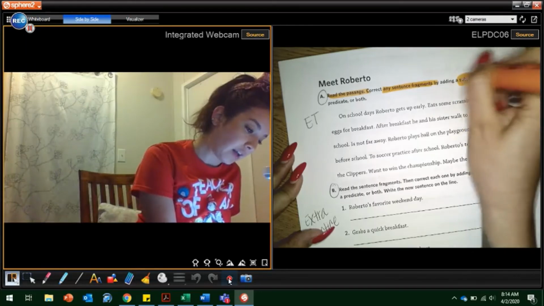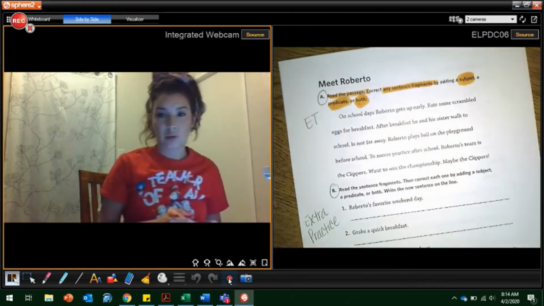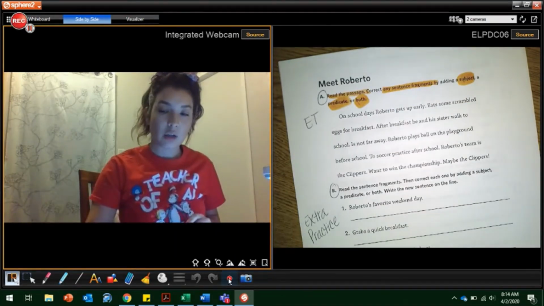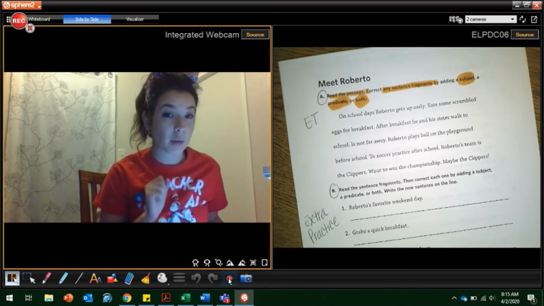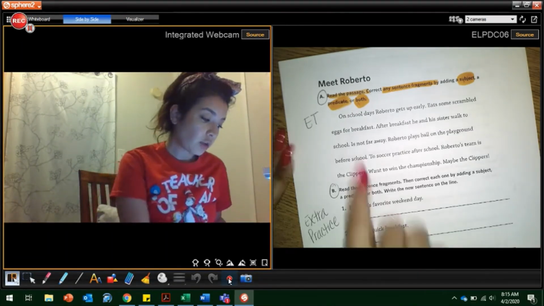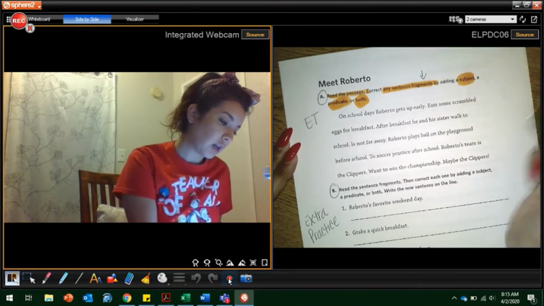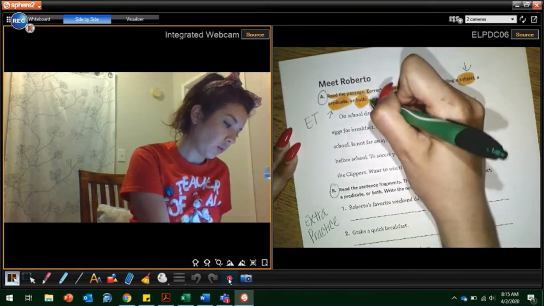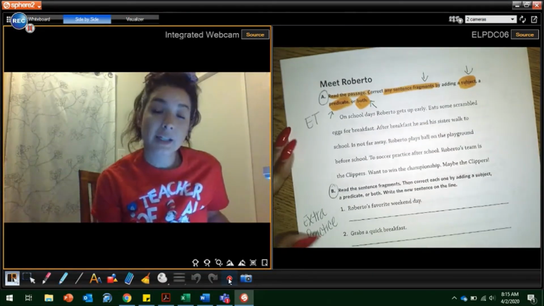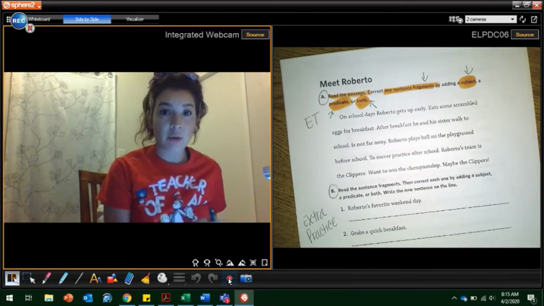Now you can add a subject, a predicate, or both of those things. Okay? You can add a subject, a predicate, or sometimes both, because remember, it could be just telling us where. So after you read this, you're looking for the fragments, and you're going to add a subject, a predicate, or both.